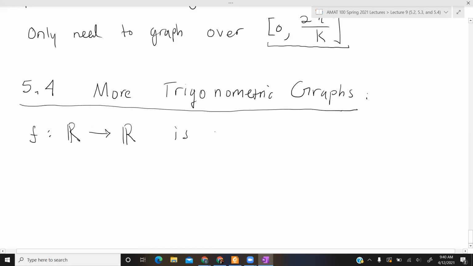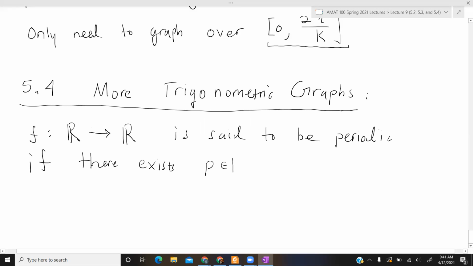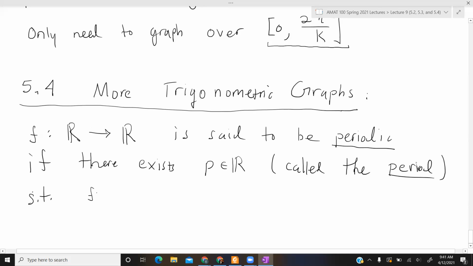And it's said to be periodic if there exists some real number p, called the period of the function, such that f of x plus p is equal to f of x for every real number x.